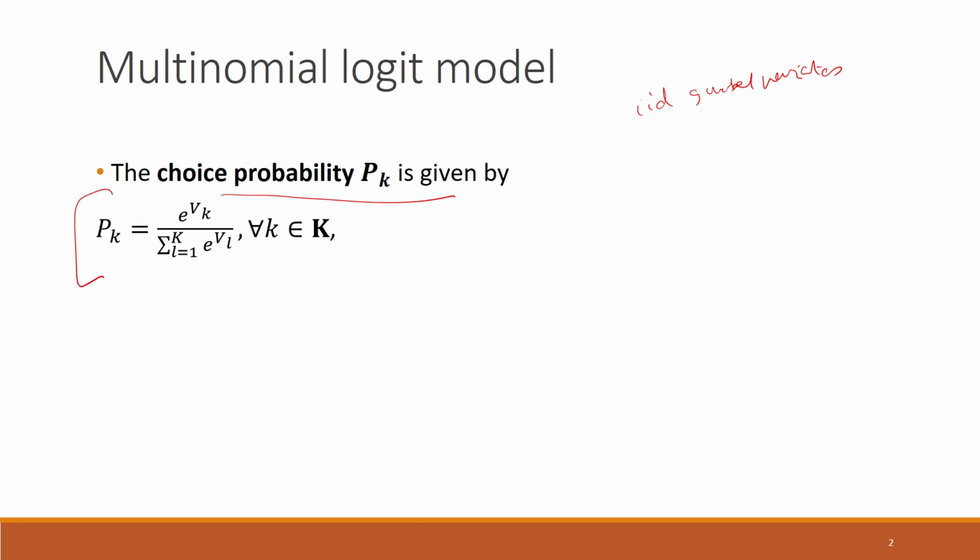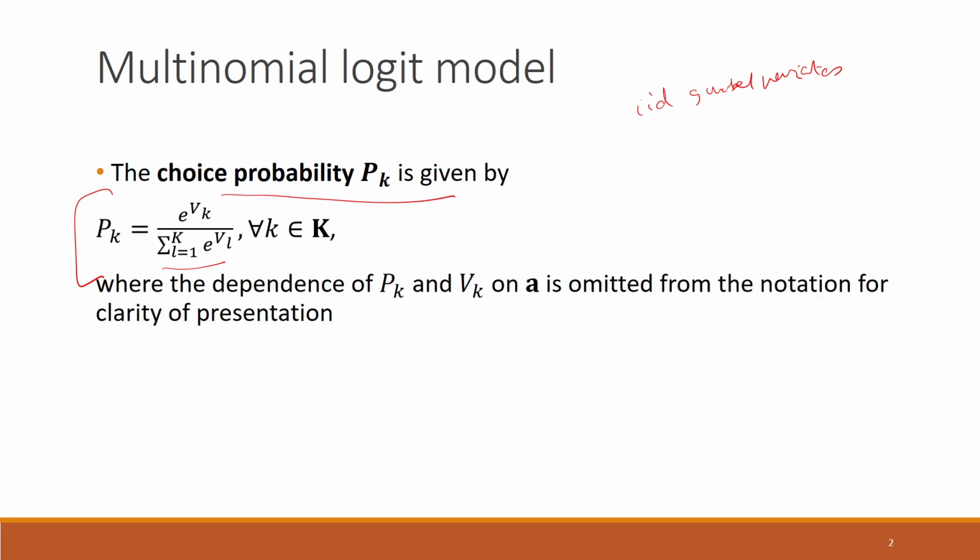Here Vk is the systematic component or the measured utility of the kth alternative, and in the denominator we are summing e to the power Vl, going through all the alternatives that are present.